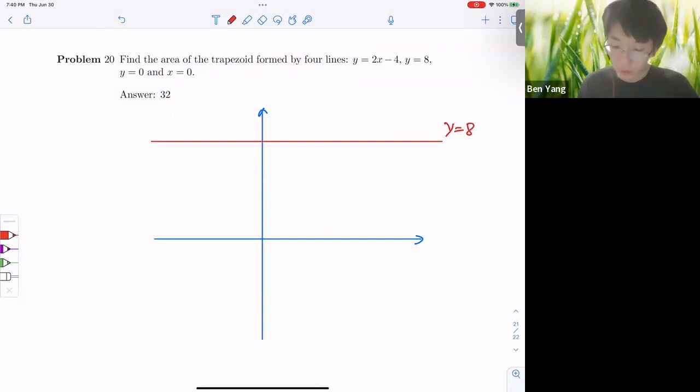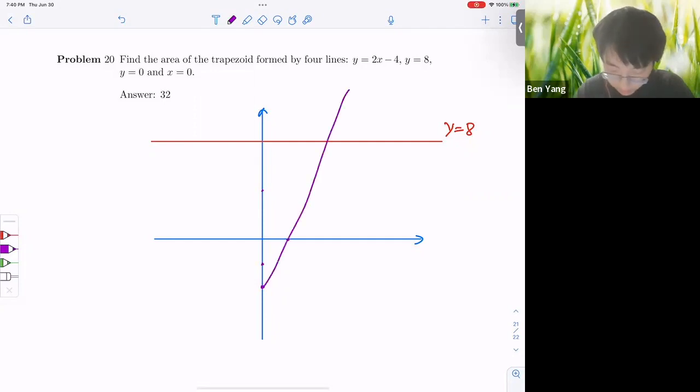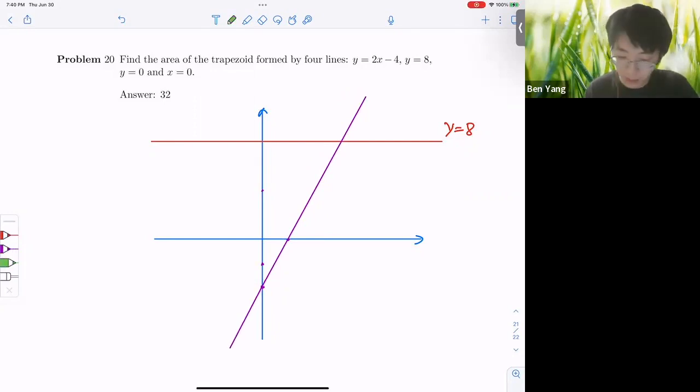Okay. We also want to draw the line y = 2x - 4. So when x is equal to 0, y is -4. When x is equal to 2, y is equal to 0. Okay, so something like that. Now we do have the trapezoid.